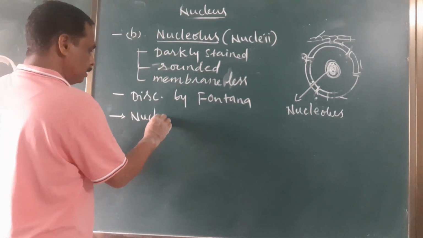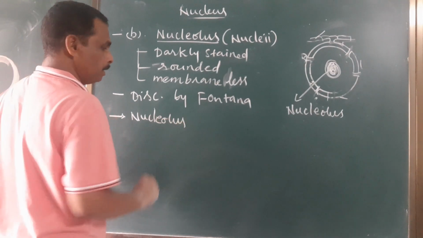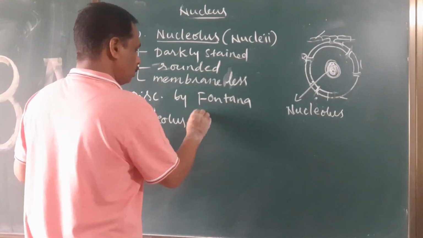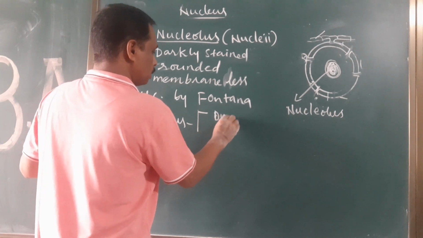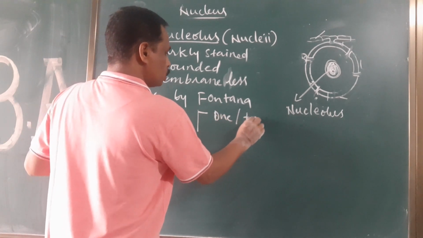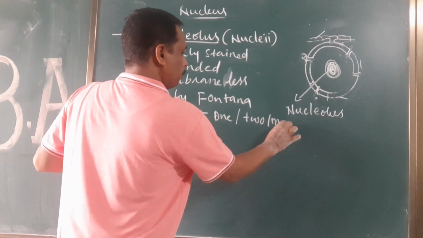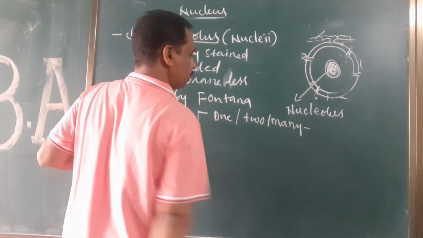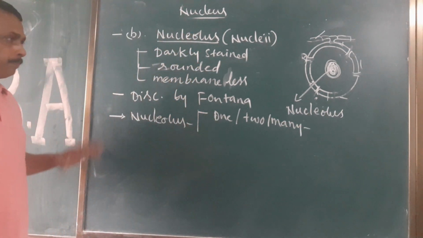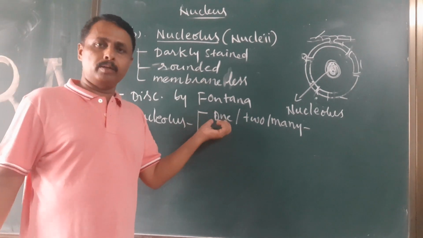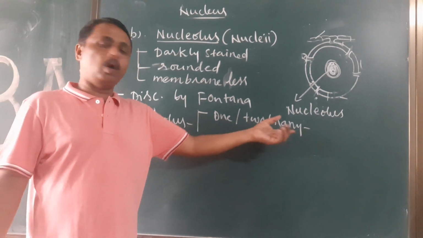The number of nucleoli per nucleus may be 1, 2 or many.